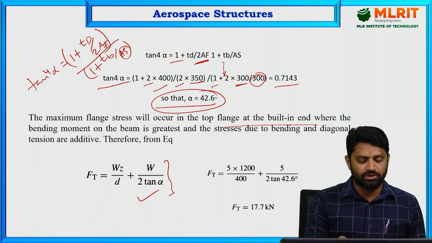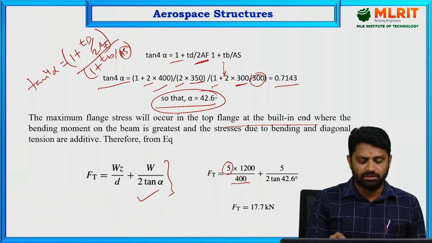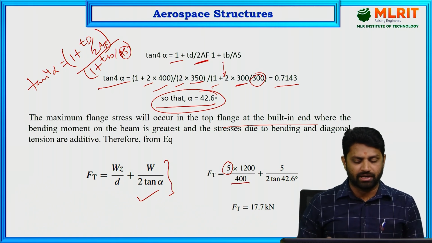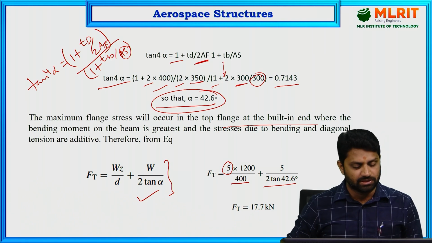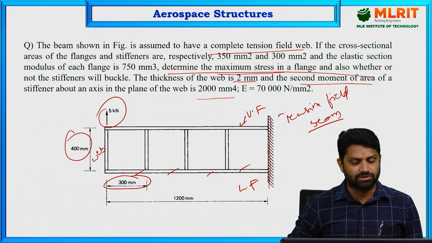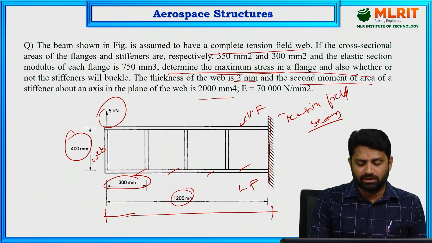And now you are going to substitute: we have 5 kilonewtons, and Z is nothing but the distance, divided by the depth, that is 400, plus 5 divided by 2 into tan 42.6 degrees. So this is nothing but the force in the top flange. And if you look at this, you can consider this from here to here completely as distance Z.